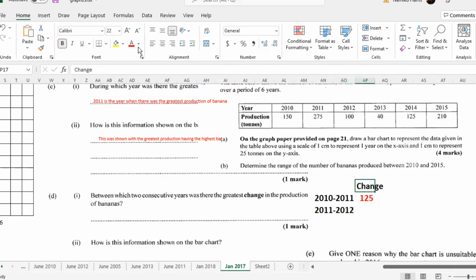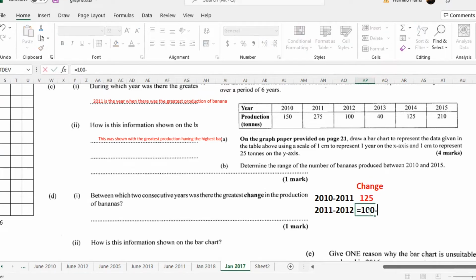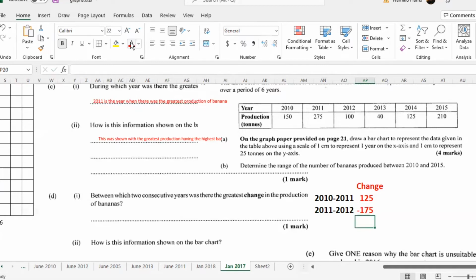So this is our change, whether it be a positive or a negative. So in 2012, they produced 100 tons, but coming from the year before, there was a production of 275. So now we have a minus 175. So there was a decrease in the production of bananas. Now it doesn't matter if there was an increase or decrease. All we're looking for is the greatest change.